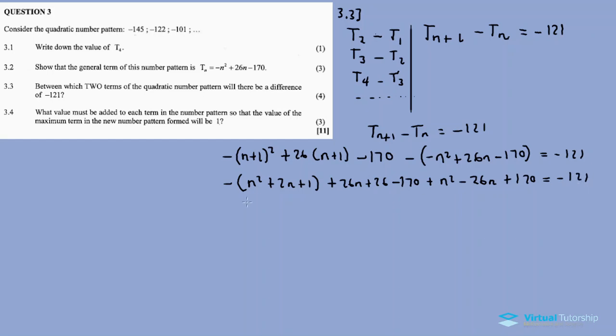And then you simplify. Lana give out negative square n squared negative 2n negative 1.